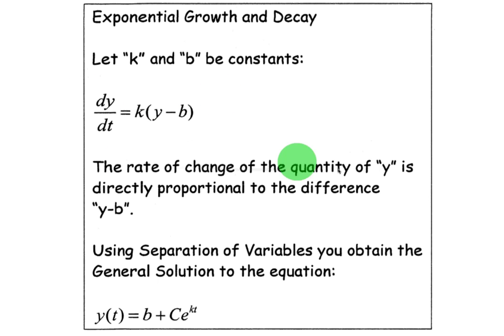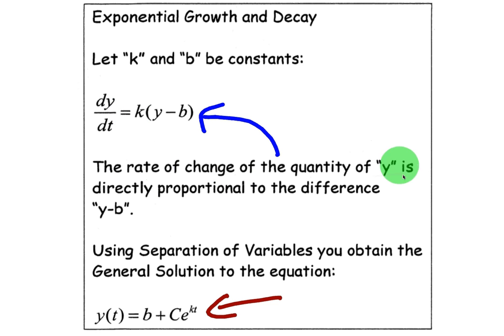So we're going to be taking these types of sentences and converting them to differential equations, meaning it contains a derivative, which is usually something like dy dx or dy dt, and an equal sign. If we use separation of variables, we do end up with this initial equation for y, but for this particular example, we're just focused on taking these words or sentences and converting them to differential equations.